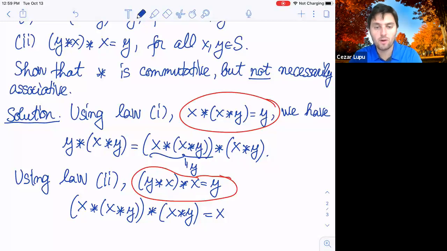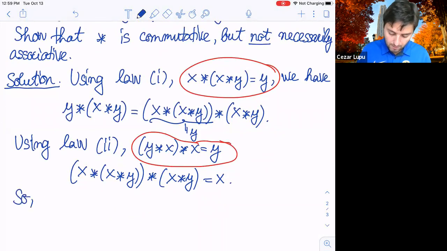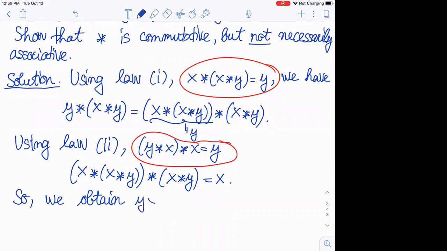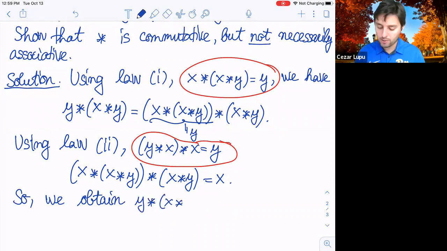When you apply the second law, you have X. So what do we obtain? Y star X star Y is what? X. Exactly.